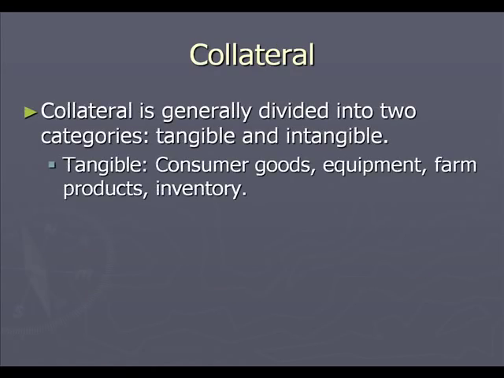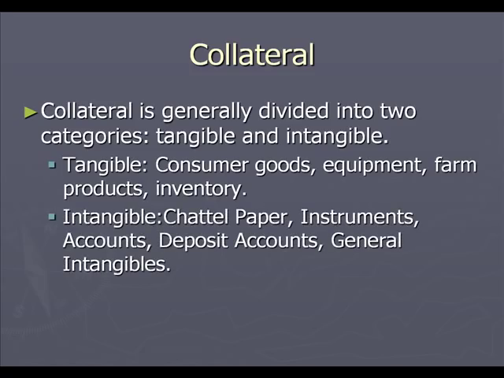Now, a couple different kinds of collateral. These are pretty logical, they make sense. There's collateral that's tangible. These are the ones we usually think about. We've mentioned a watch, a ring, a car, maybe your piano. Those kinds of things are tangible goods. And then intangible goods are things like stocks and bonds, accounts receivable.